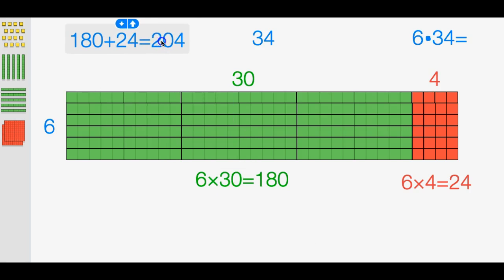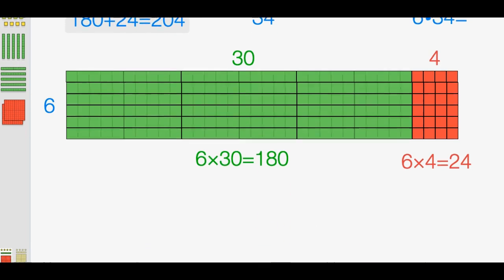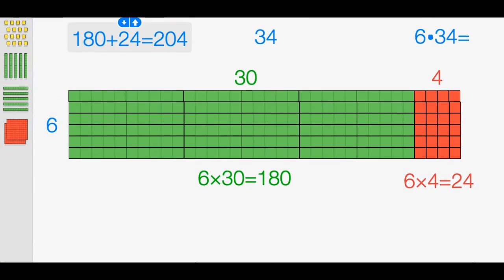I'm going to go ahead and move this up here because the next thing I want you to do is to go ahead and draw an area model without using the base 10 blocks. So right below that spot where you filled in the multiplication problems for your solution to 6 times 34, there's a blank space for you to fill in an area model that we're going to draw.